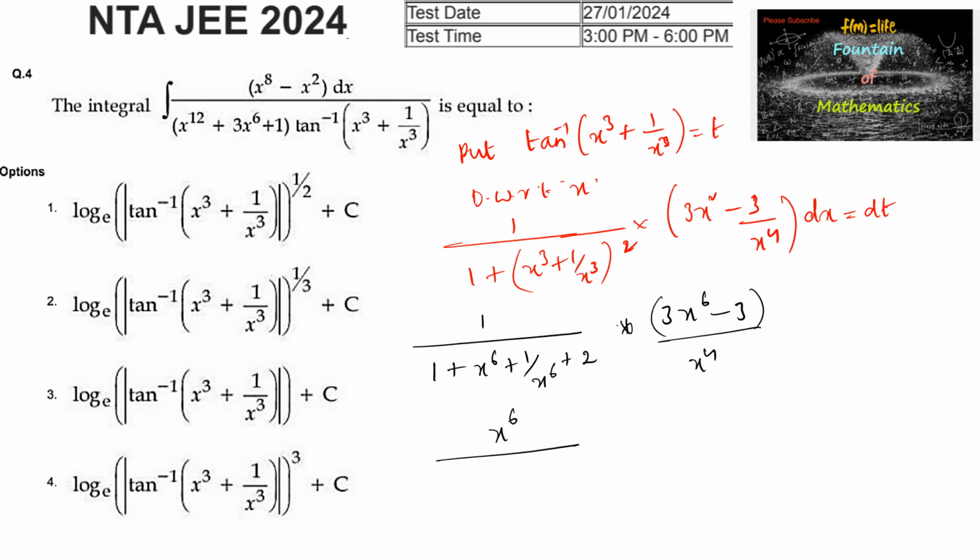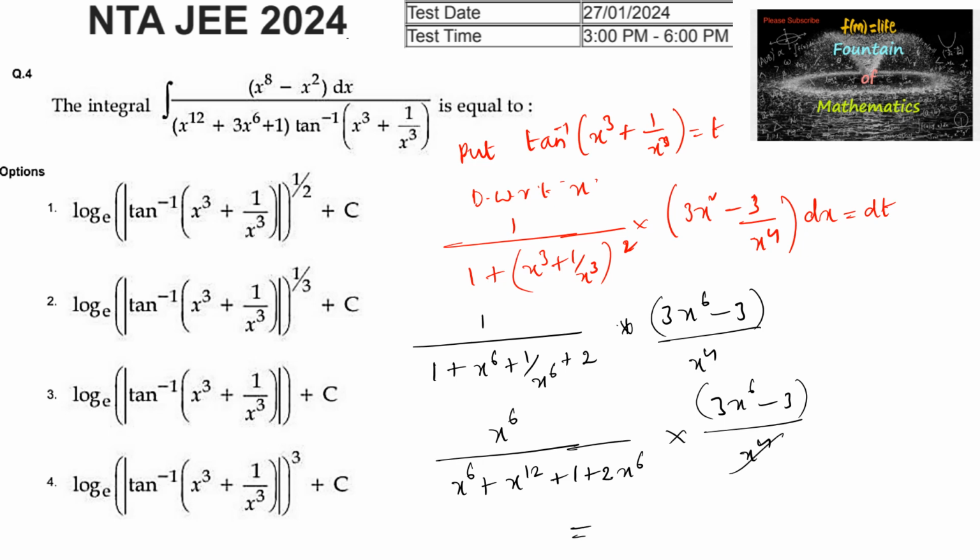x^6 divided by x^6 times (x^12 + 1 + 2x^6), into 3x^6 minus 3 divided by x^4.